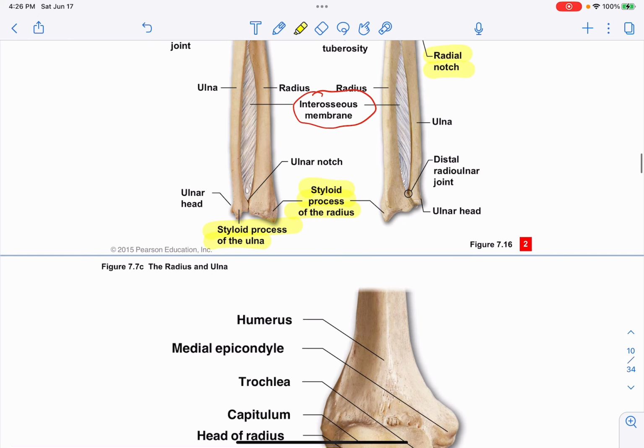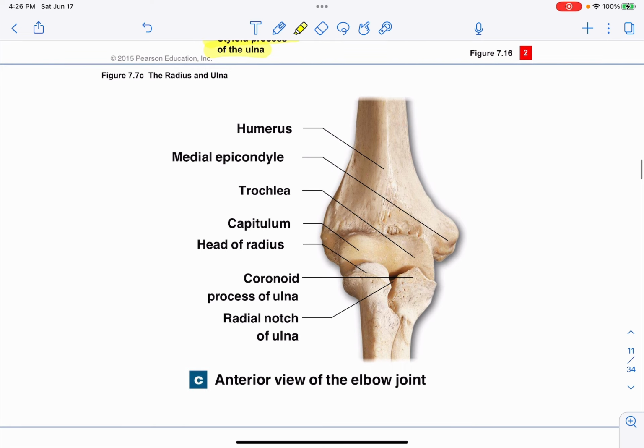And then I have a couple other images from your textbook that highlight these articulation sites, and it has a more close-up view of it. So again, here's the humerus. Here is the trochlear region here.